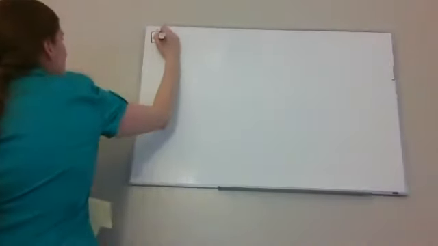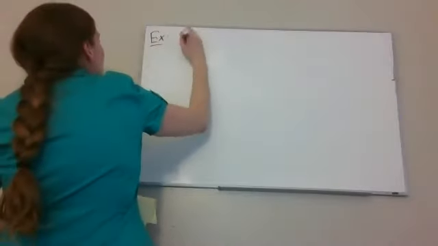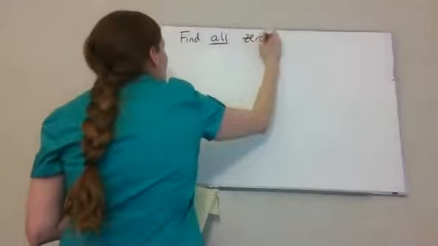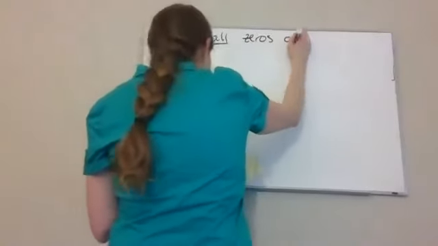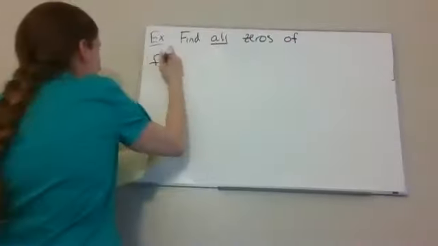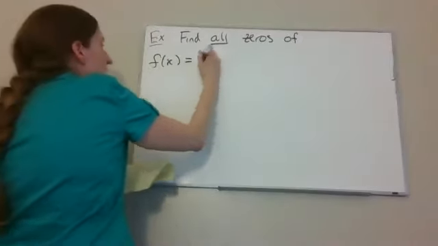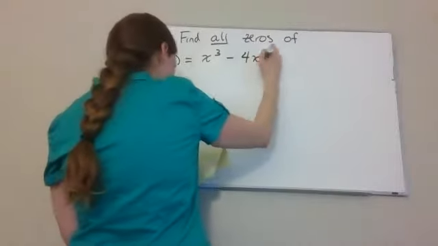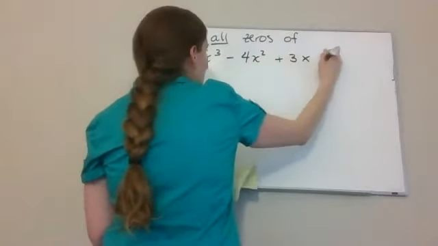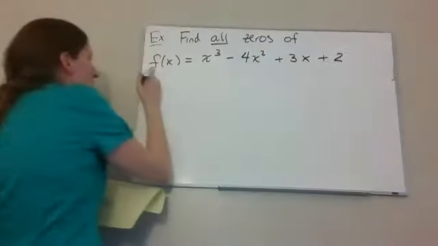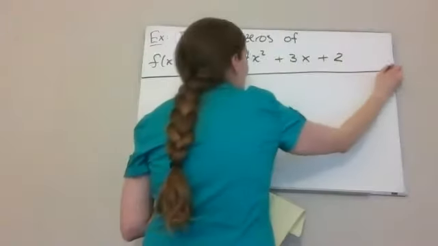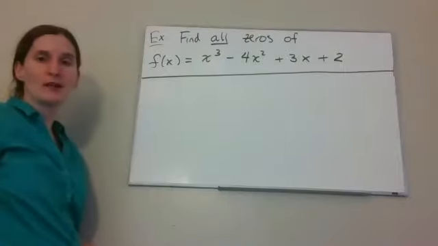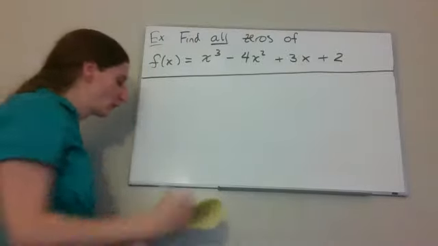So example, find all of the zeros of the function f of x equals x to the third minus 4x squared plus 3x plus 2. And we're going to start by guessing some zeros by listing all the possible rational zeros first.